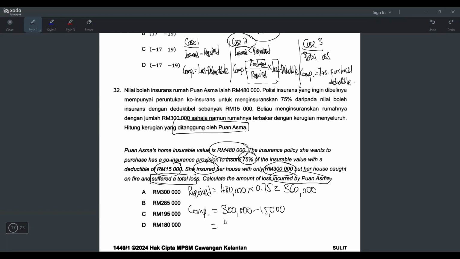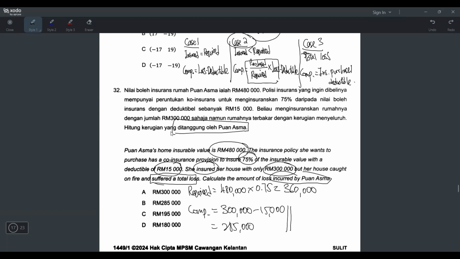Alright. My calculator give me 285,000. But if you circle B, it's wrong. Wrong. Wrong. Because the question asks you to find amount of loss incurred by Puan Asma. Not by company. This 285,000 is the compensation. It means this is the amount borne by the insurance company.